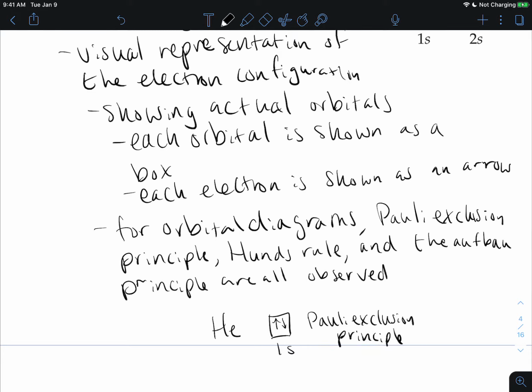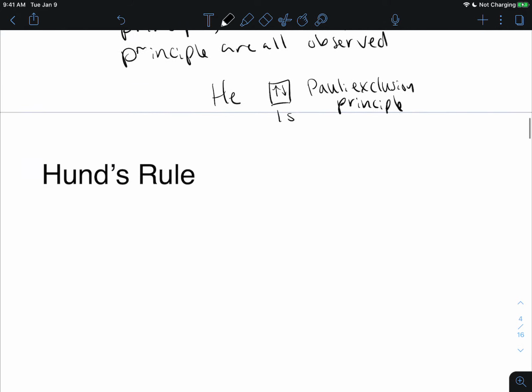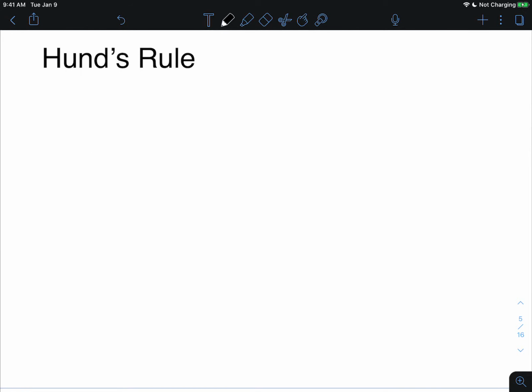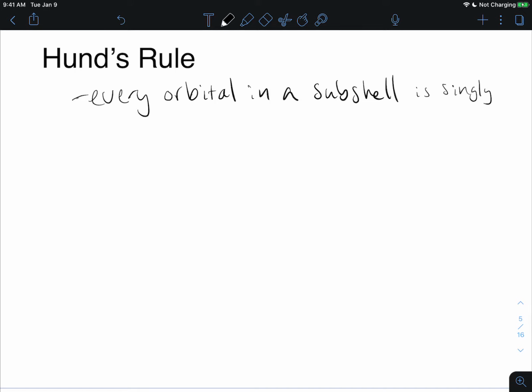But once we get beyond our one electron or two electron species, we need to start to consider what's called the Aufbau principle and Hund's rule. So let's look at both of those things, starting out with Hund's rule. Hund's rule is going to state that every orbital in a subshell is singly occupied before pairing electrons.